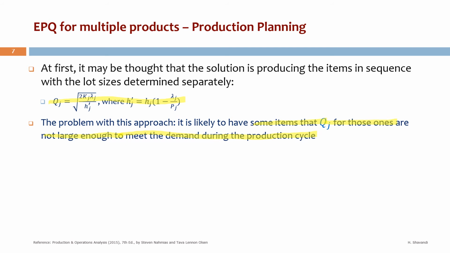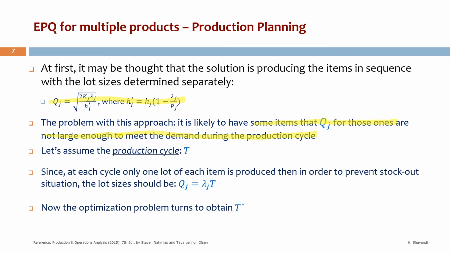In order to have an appropriate approach here, we assume that the production cycle is T. If we have a T, then we have a demand rate for each product, so lambda j times T is Qj.